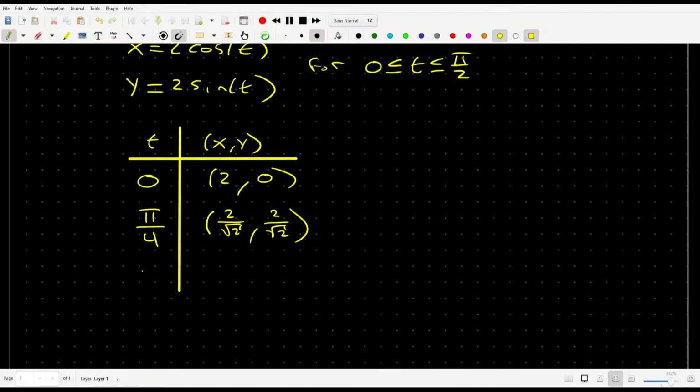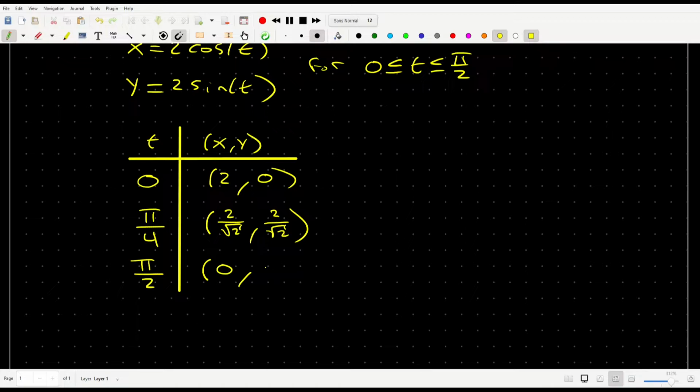And I'll just do the endpoint as well. This is going to be 2 times cosine of pi over 2, which is 2 times 0, which is 0. And 2 times sine of pi over 2, which is 2 times 1, or 2.